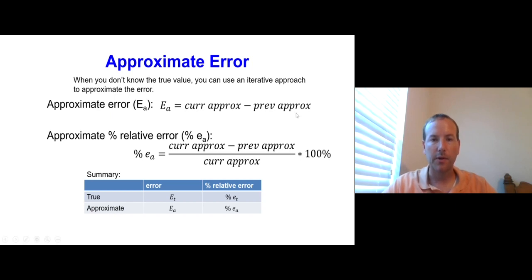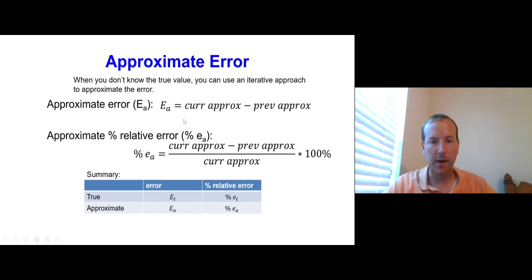That's when you don't know the true value, so you can use an iterative approach to approximate the error. A lot of the algorithms we'll be discussing in this course have a current approximation and then you update it a number of times. So the approximate error is the current approximation, which is your best guess, minus your previous approximation, which used to be your best guess.